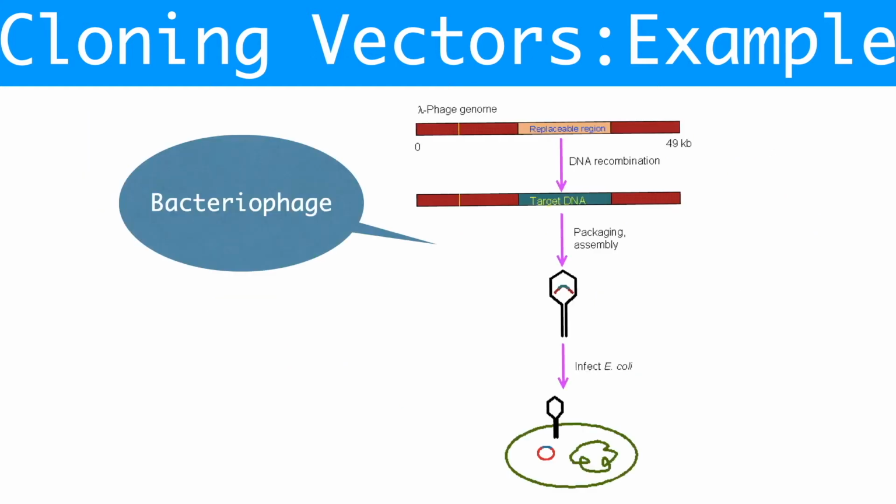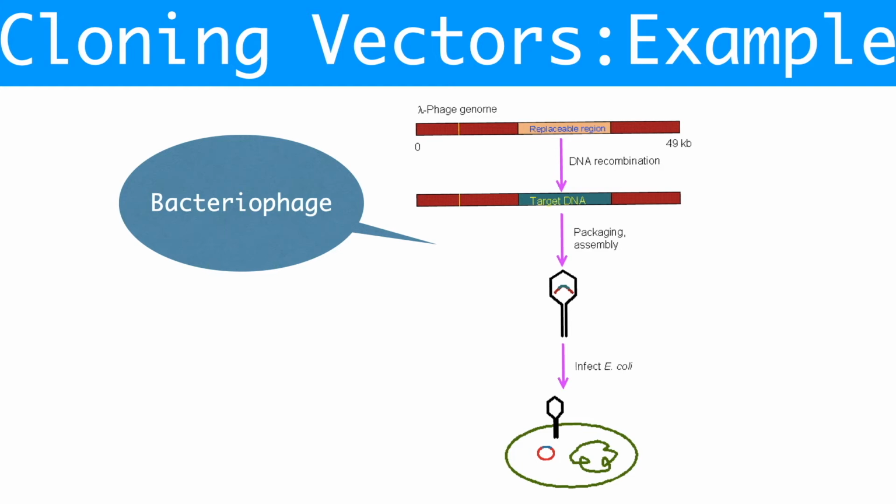The next example is bacteriophage. Bacteriophage is a type of virus that can infect bacteria. Because it can infect bacteria, the bacteriophage is also called a bacteria eater. We can use this ability to introduce our targeted DNA or gene of interest into the bacteria using a virus.